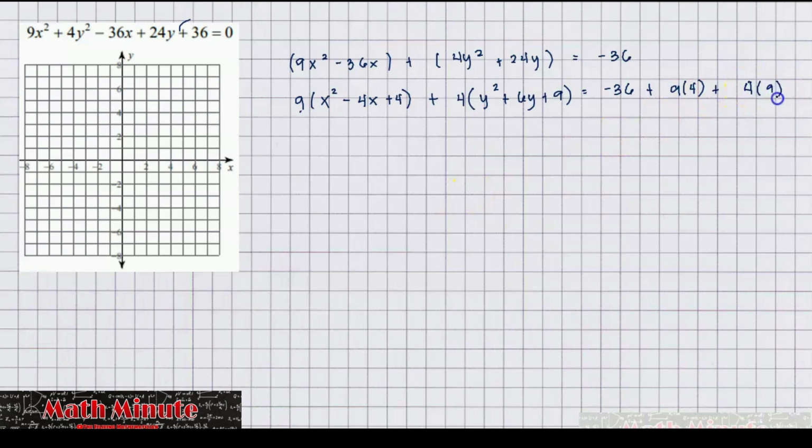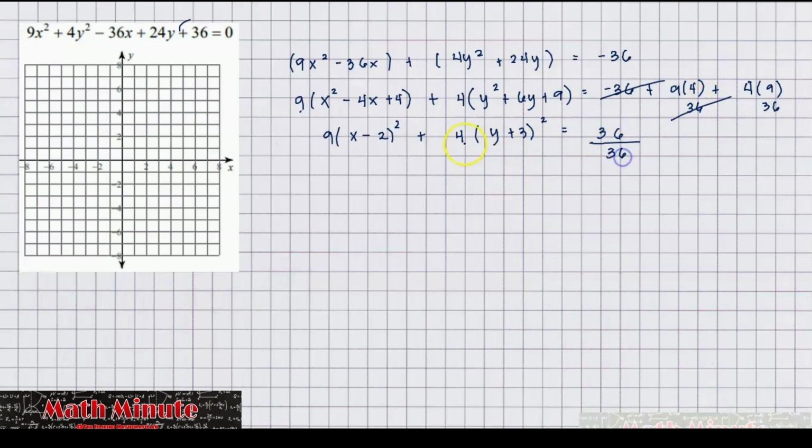So in here, you will have 9(x - 2)² + 4(y + 3)² is equal to, so this is 36, this is 36 also. We cancel this out. So it is equal to positive 36.